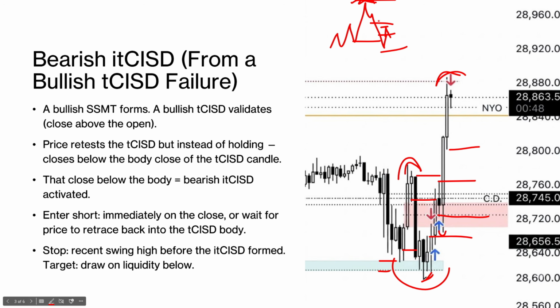If we form any SMT, your stop can be shorter, maybe above here, or up here. That's also possible, but it depends on the price action itself. And then your target will be some liquidity, either true open or drawn liquidity on the low.